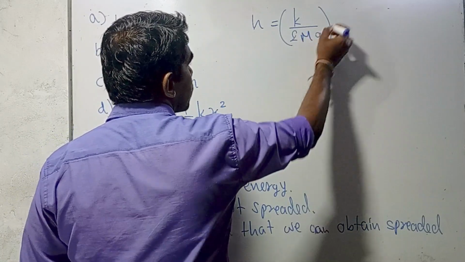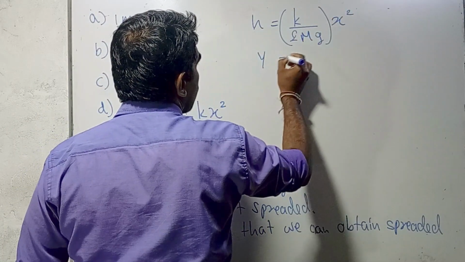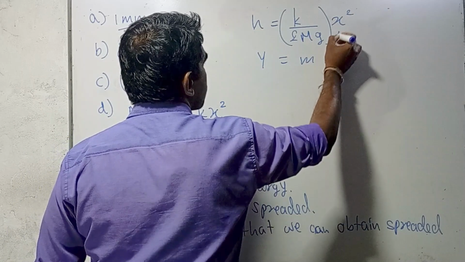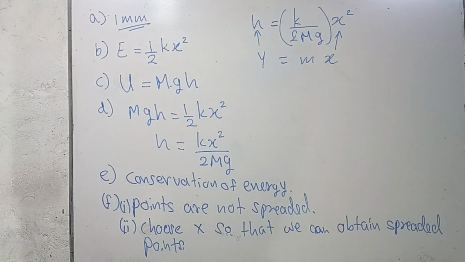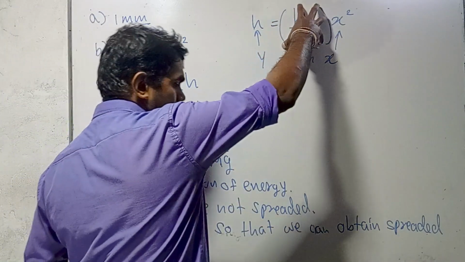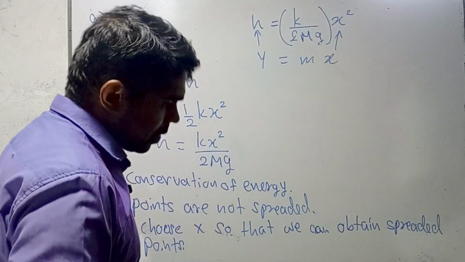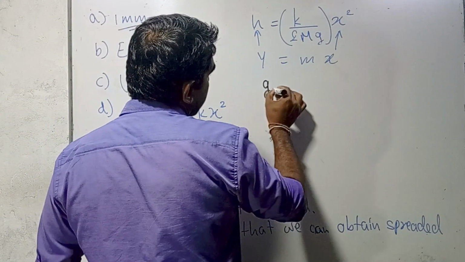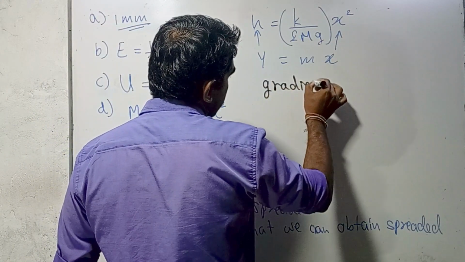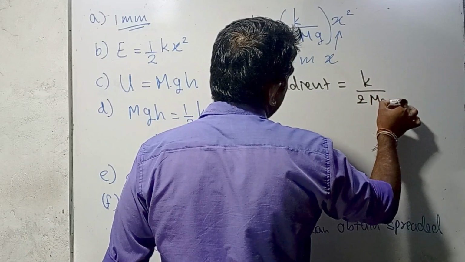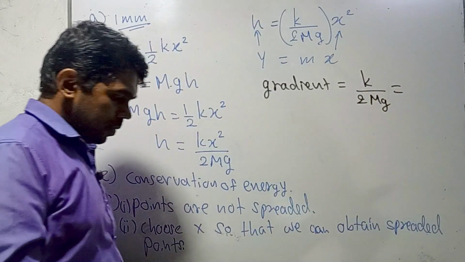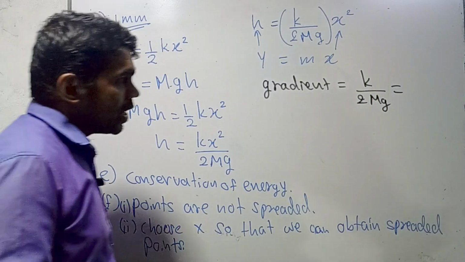It is in the form y equals mx. Then the gradient of the drawn graph is this term. Then we can write gradient should be equal to k divided by 2Mg, and they have given the value of gradient as 200 in SI units.